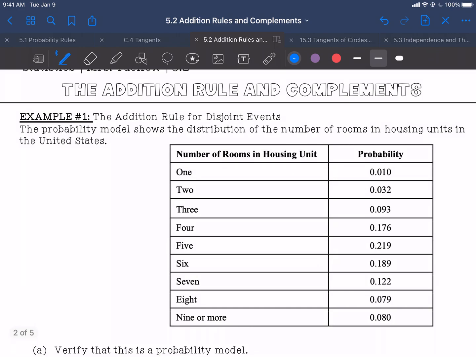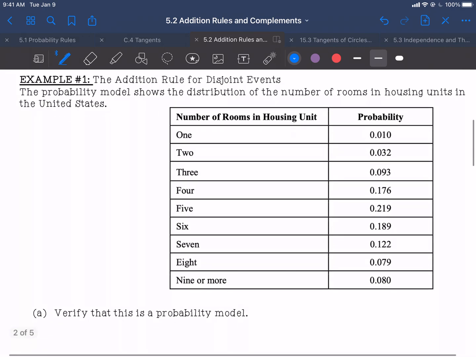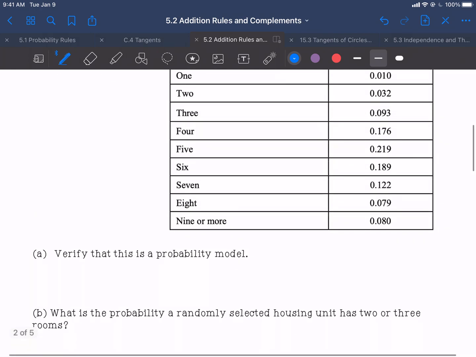All right, so in example 1 here, the probability model shows the distribution of the number of rooms in housing units in the United States. First, verify that this is a probability model. Well, if you remember from our probability rules, it has to satisfy 2 conditions. 1, each probability has to be between 0 and 1.